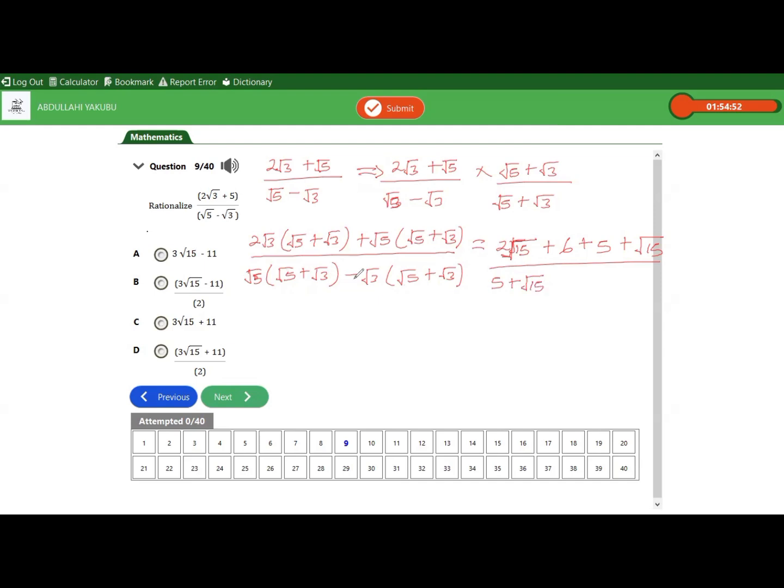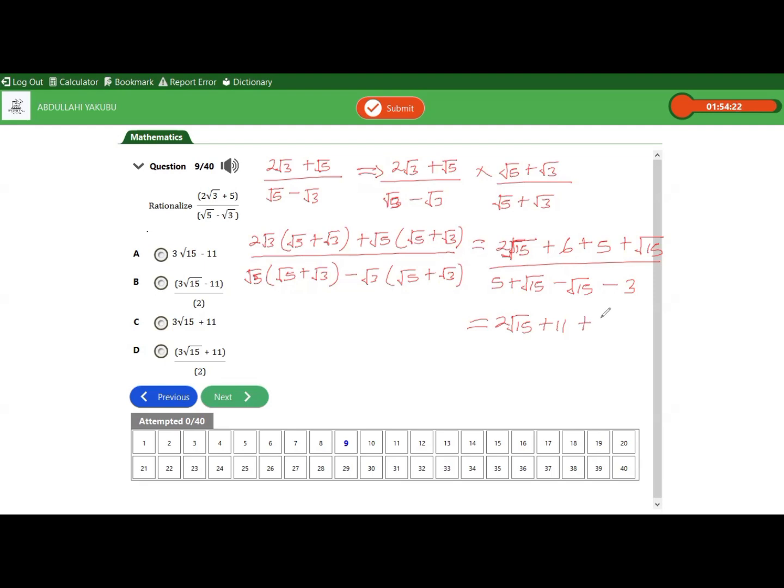So the next thing is this place. Minus root 3 times root 15 gives us minus root 15. Minus multiplied by plus gives us minus. Root 3 times root 3 gives us what? 3. So from here, we have 2 root 15. 6 plus this gives us 11, right?